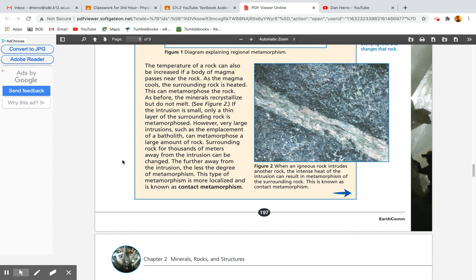This type of metamorphism is more localized and is known as contact metamorphism. So here's the contact metamorphism right here. And then they said that as you get further and further away, it just becomes a separate type of rock. But the area of the rock around here is known as contact metamorphism.